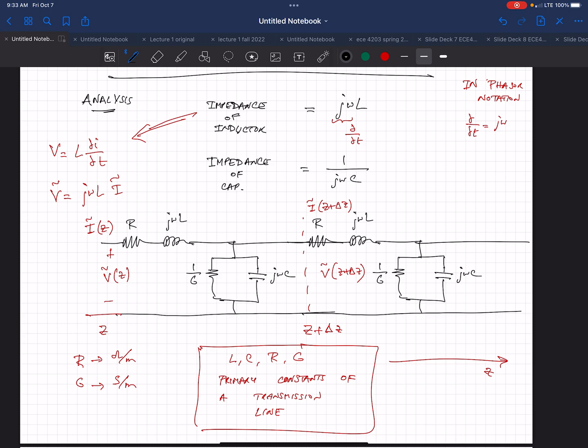We're going to get an equation for the voltage as a function of Z, and an equation for current as a function of Z, take the derivative, and come up with a waveform solution that is a solution to those two functions.